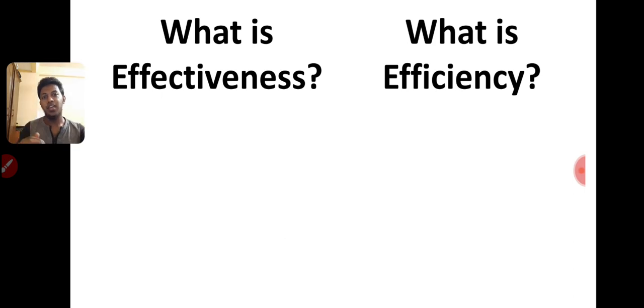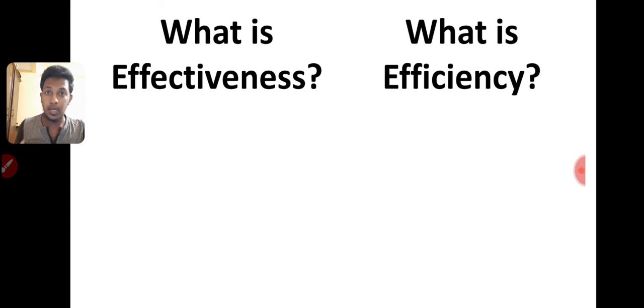You have the idea. Effectiveness means you should undertake the correct action. Doing the right things, right? Doing the right things means I have to do correct things. I have to take correct action. That is effectiveness, right? Correct action I am taking.